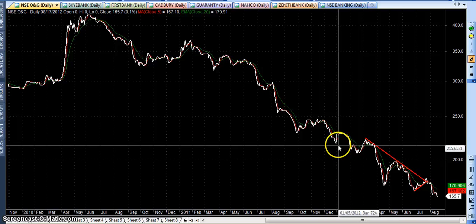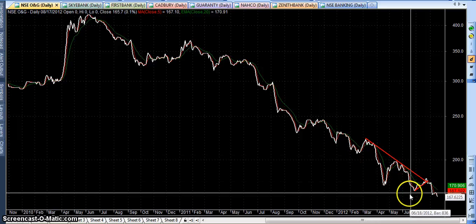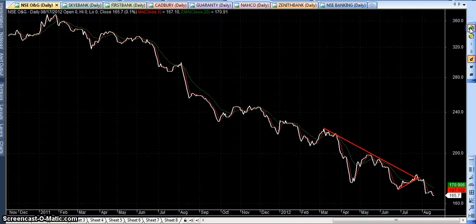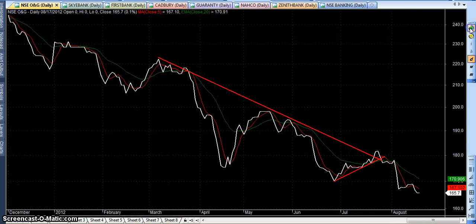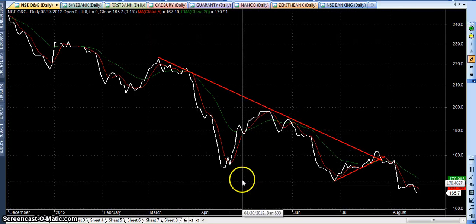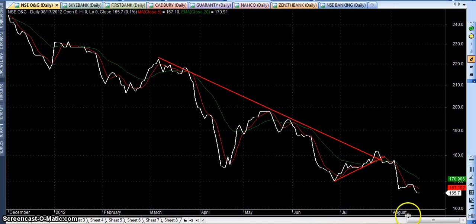We don't even know where this sector is going to go. So for me, I don't trade this area for now. It's a no-go area.